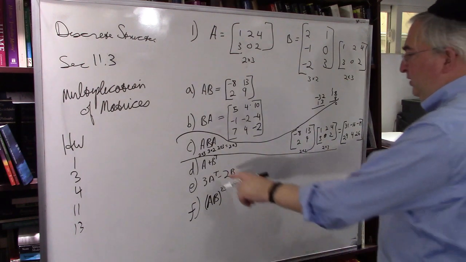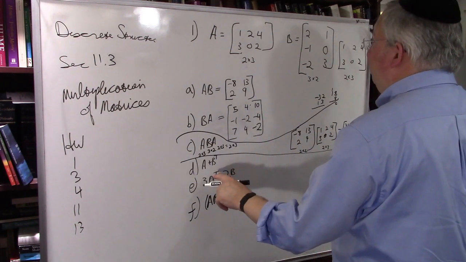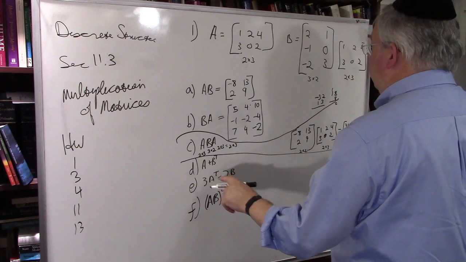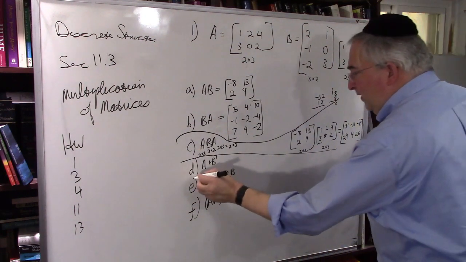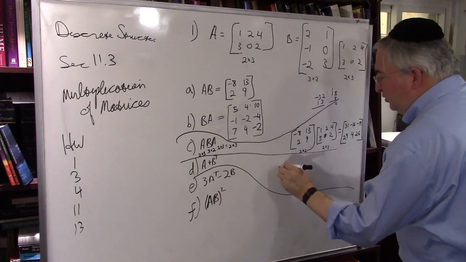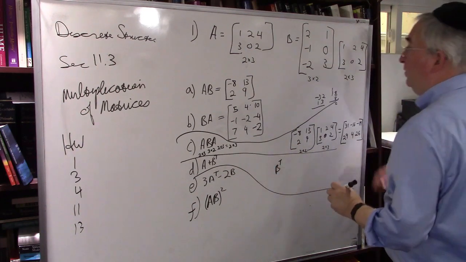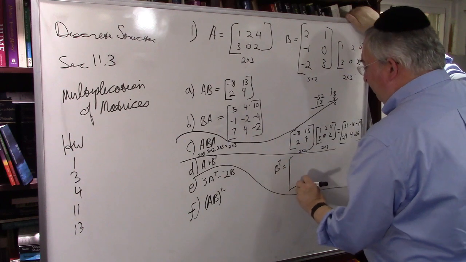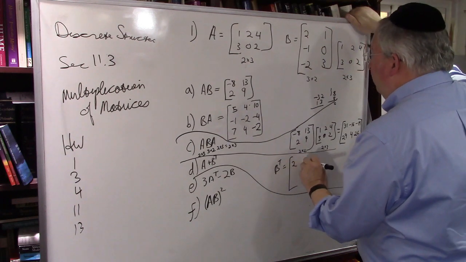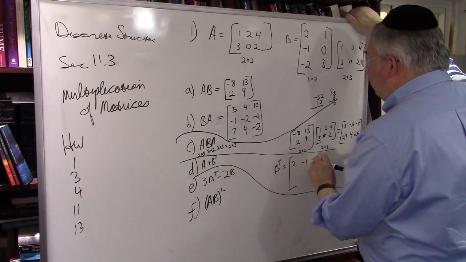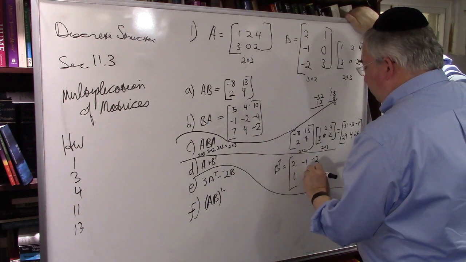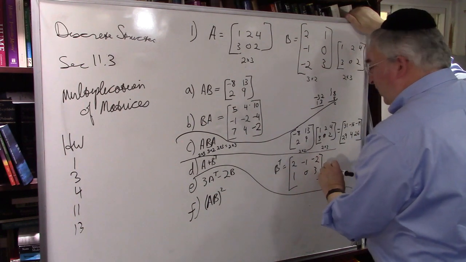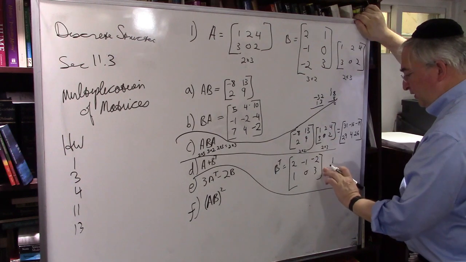Okay, A plus B transpose. Okay, so let's do that. Let's just do B transpose here. B transpose is 2, minus 1, minus 2, 1, 0, 3. And now we finish that.